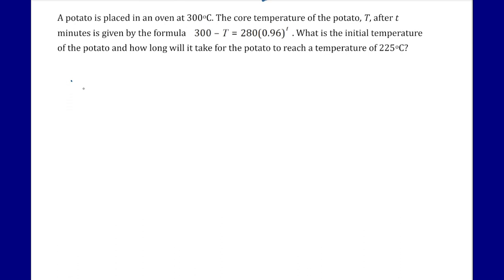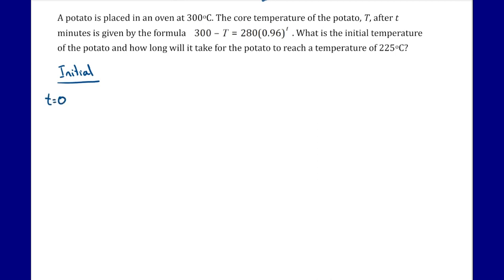So we kind of did the first one before. Let's do it again anyways, just to review. So the initial temperature. Now we couldn't just take 280. That wouldn't make sense because that's a little bit too hot for a potato just to be initially, providing we didn't bake it before. But let's go through. This is essentially saying when t is equal to 0.